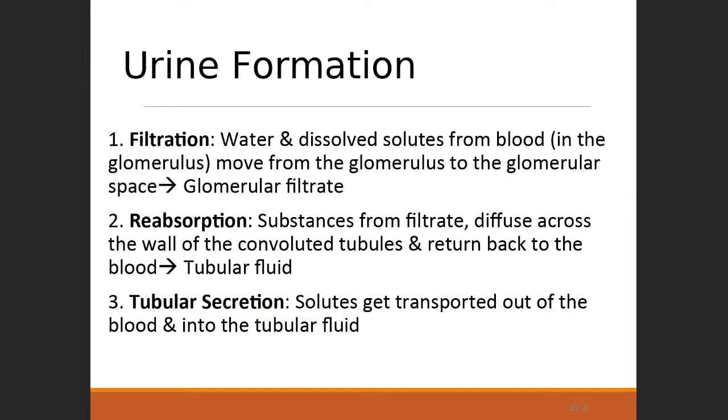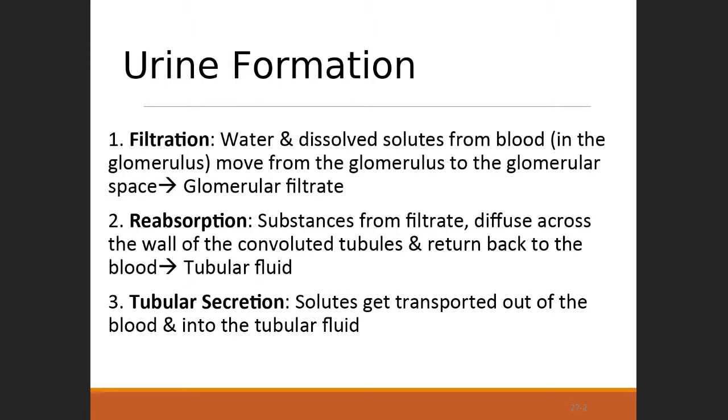So just to reiterate, the overall production of urine involves the filtration of the blood at the glomerulus, the removal of fluid and solutes, and putting it into the tubular portion. As we make our way through the tubule, proximal convoluted tubule, loop of Henle, distal convoluted tubule, and collecting duct, we are going to be reabsorbing anything that we still want to put back in the blood as a means of reestablishing normal blood composition.